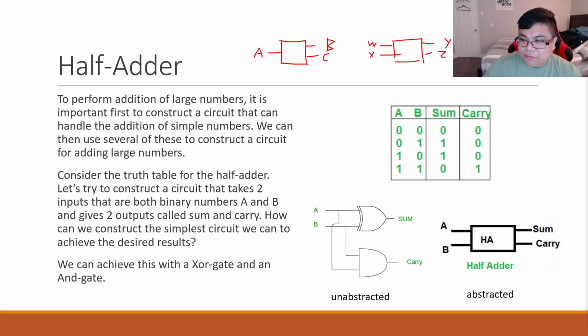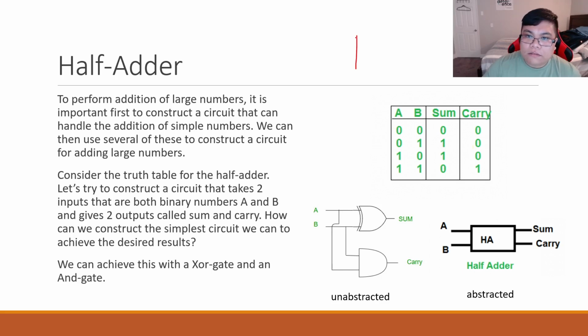Let's ask ourselves, what is the behavior that we want to create with this half adder? We want to make a circuit and give it two inputs, the two variables that we want to add.